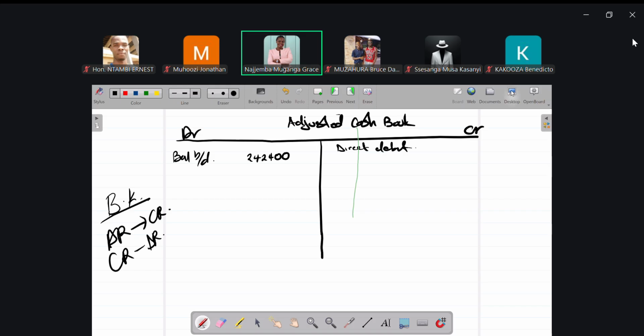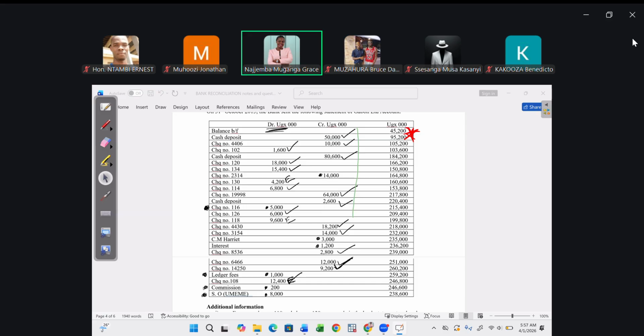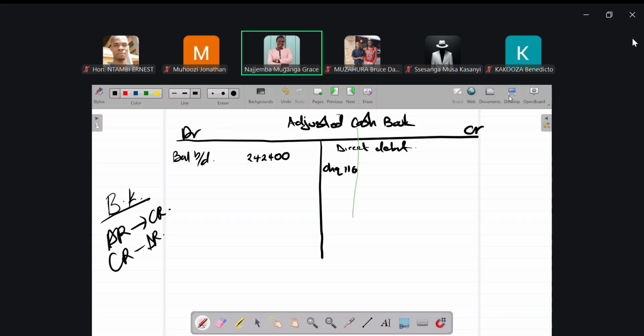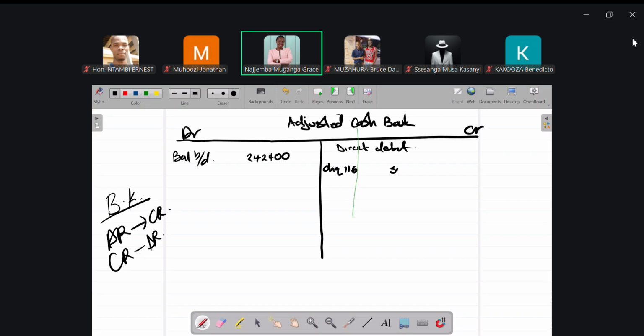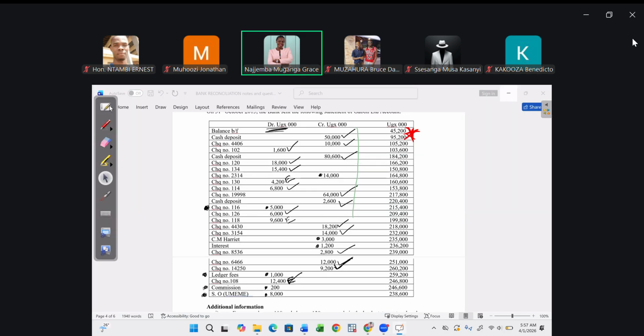We have check number 116, 5,000. Ledger fees, 1,000.